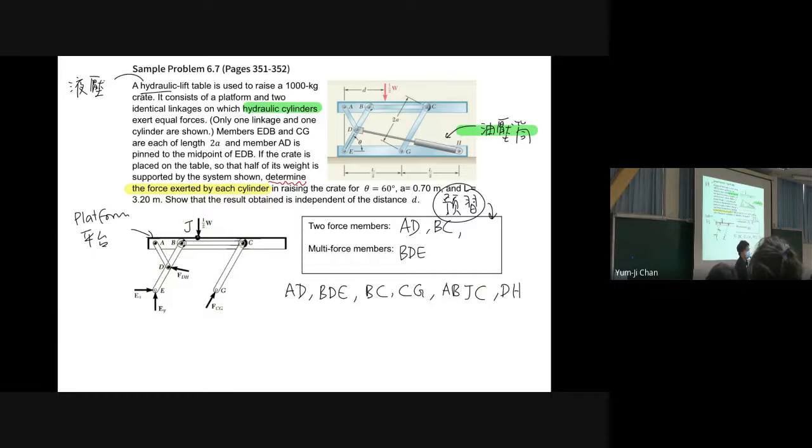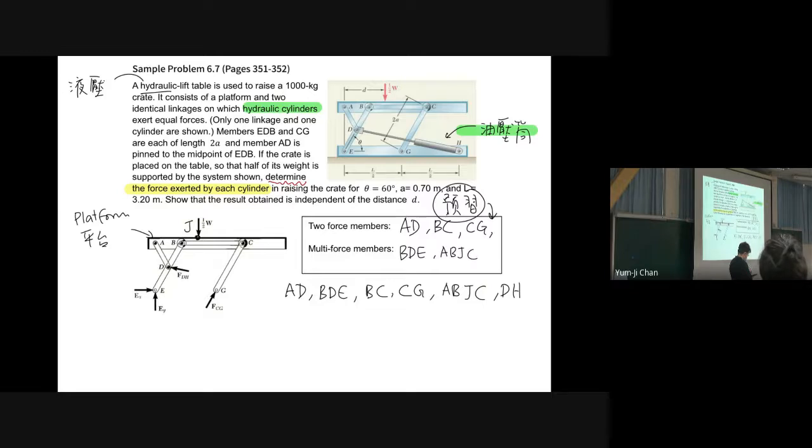And how about CG? Is CG a two force member? It seems so. And ABJC is a platform that has forces at A, B, J, and C, so of course it is not.